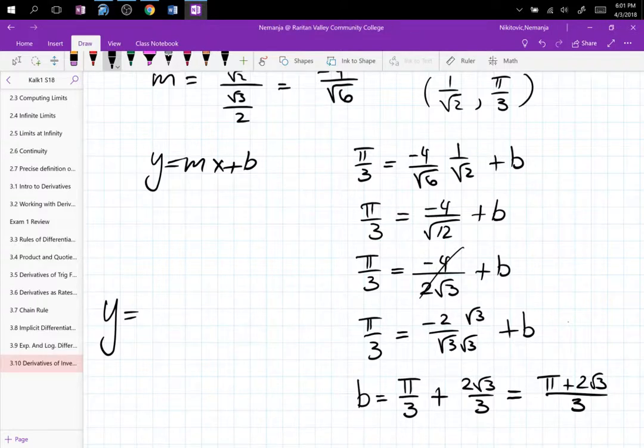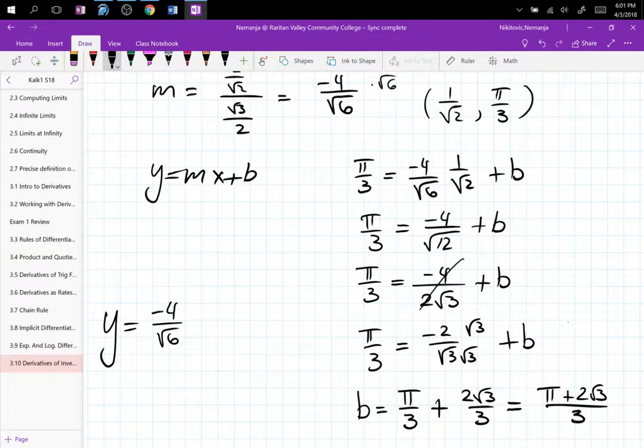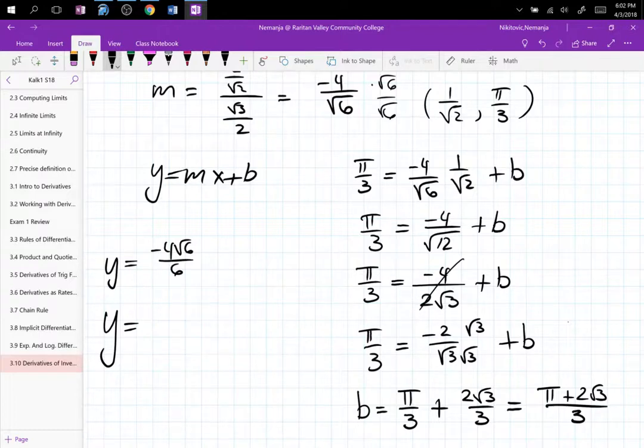So y equals, what's the slope? The slope is, well, I don't like that it's over root 6. So that should be times root 6 over root 6 to get rid of it, so that's -4 root 6 over 6, x plus pi plus 2 root 3 over 3.